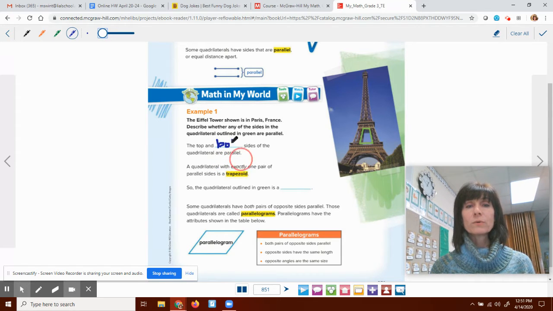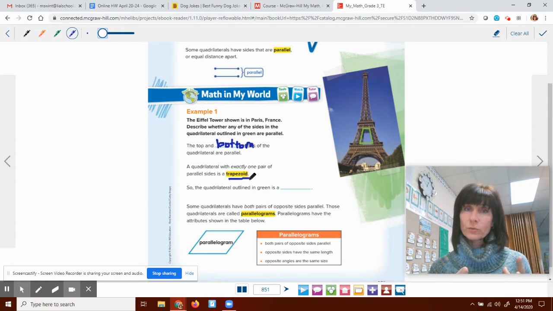So let's write the word bottom, B-O-T-T-O-M. A quadrilateral with exactly 1 pair of parallel sides is called a trapezoid. That's the attribute, the characteristics of a trapezoid. It will have the description of only 1 set or 1 pair of parallel lines.